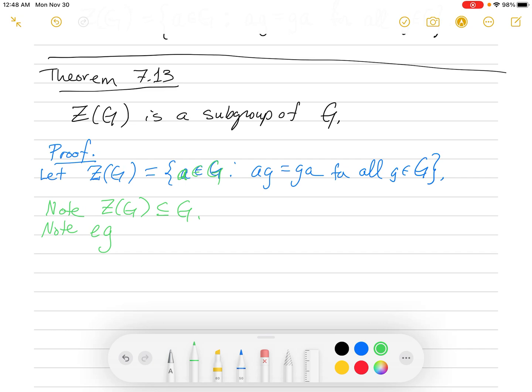Let's just say, note eg, where e is the identity, equals g equals ge.